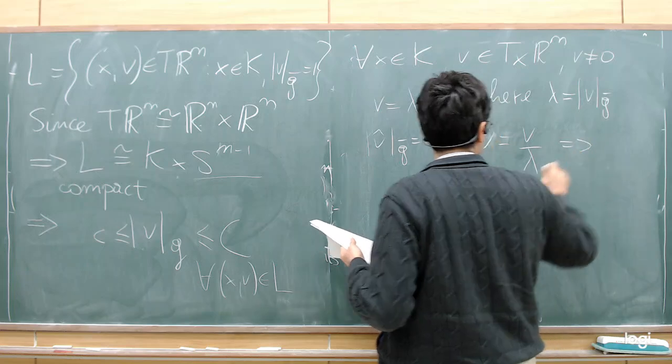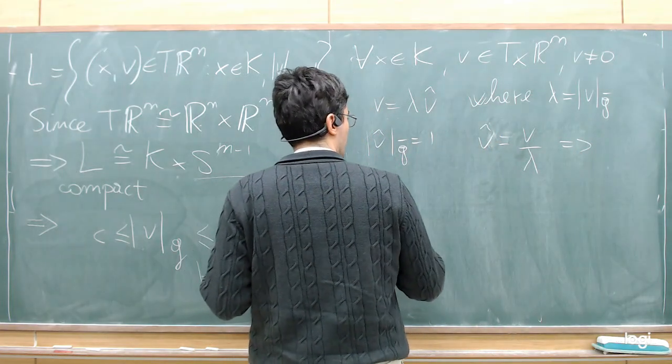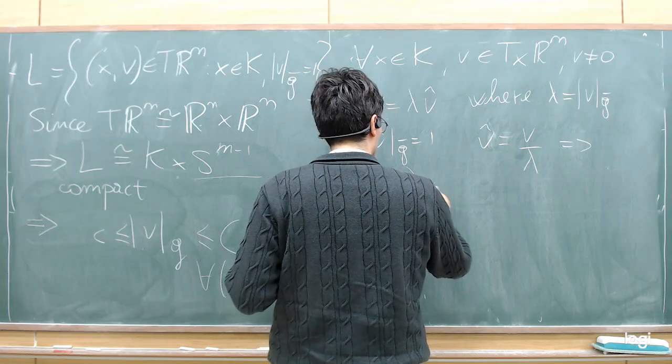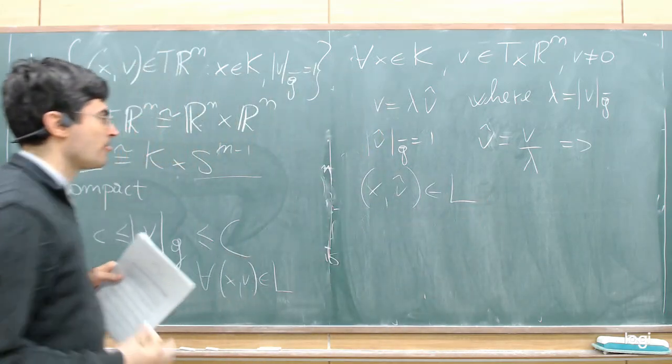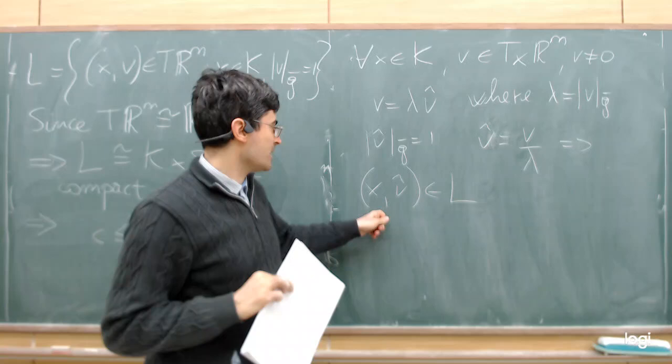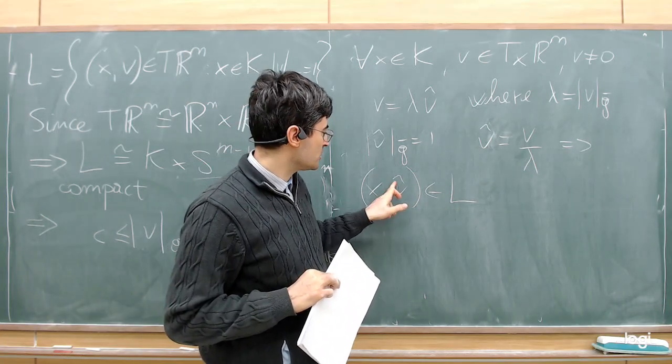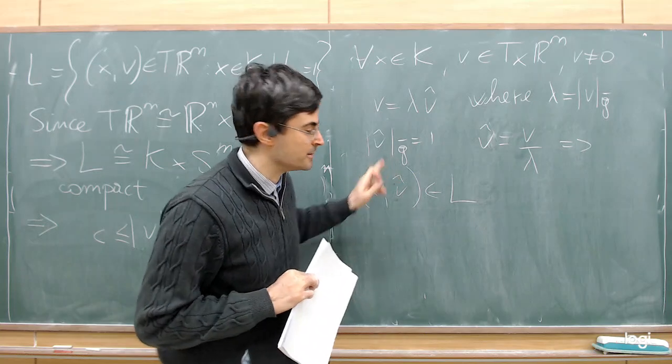This implies that (x, v hat) belongs to L. Why? Because (x, v hat) belongs to L if the length of v hat is equal to 1, which is written here.